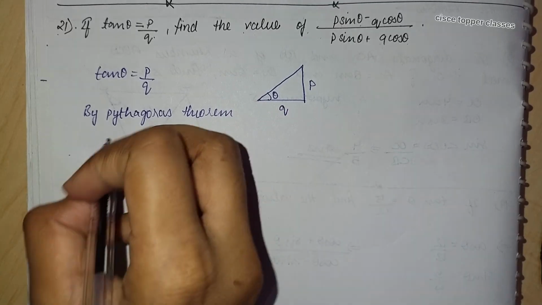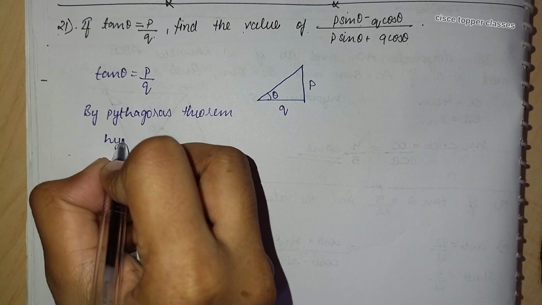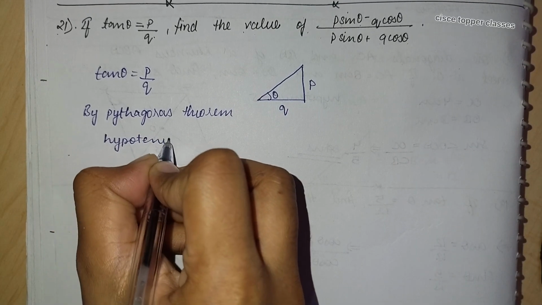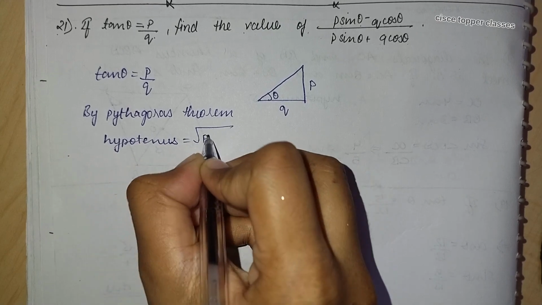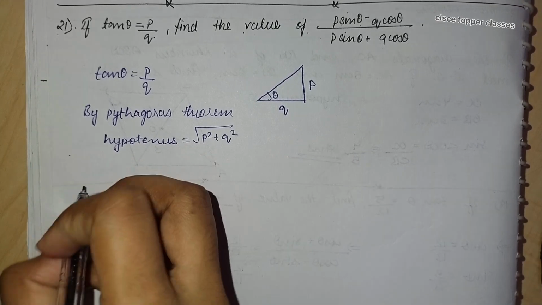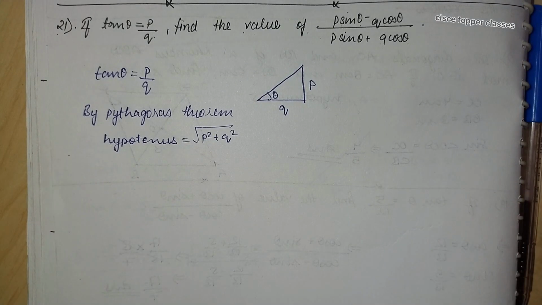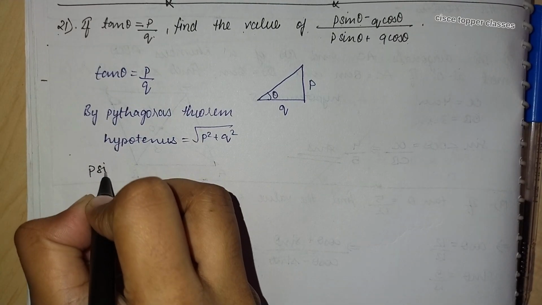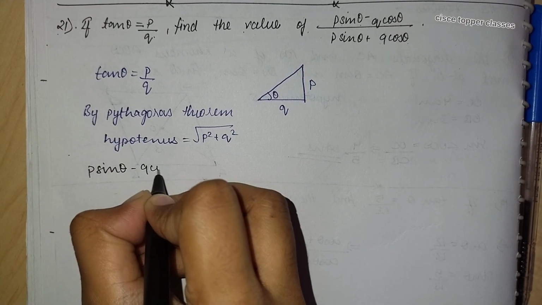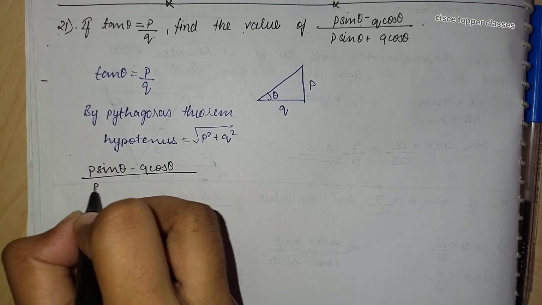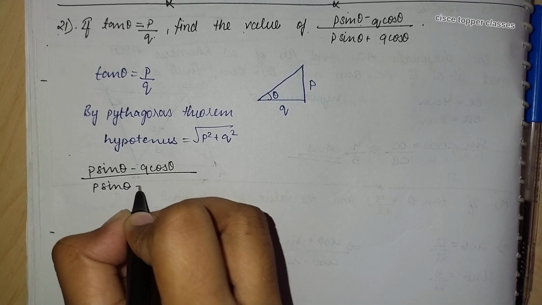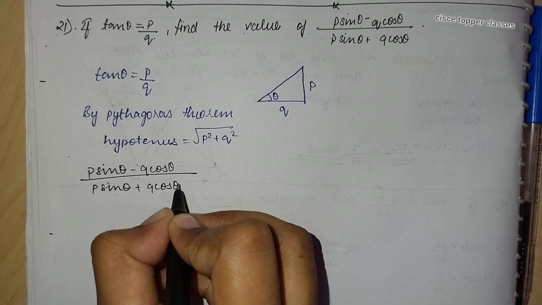So the hypotenuse we can write as under root of p square plus q square. So we solve (p sin theta minus q cos theta) divided by (p sin theta plus q cos theta).